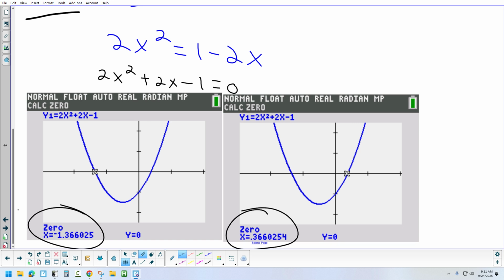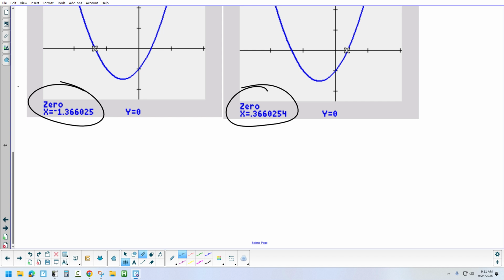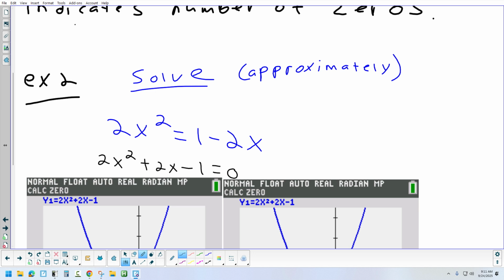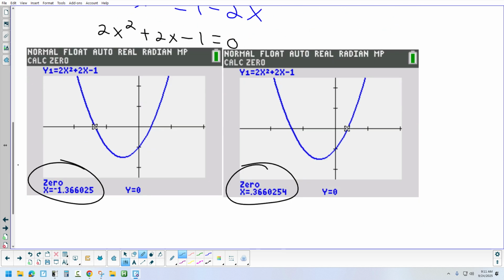And that's fine if the directions say to solve approximate. Approximate means decimal is okay. If the directions said solve exact, and you give me those 2 decimals, that would be wrong. Unless it's a decimal that ends, like if you had the fraction 3/2, you can write that as 1.5.